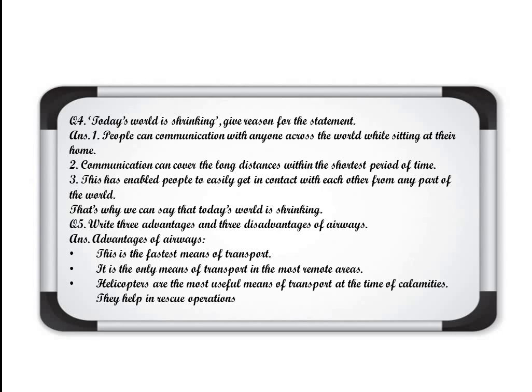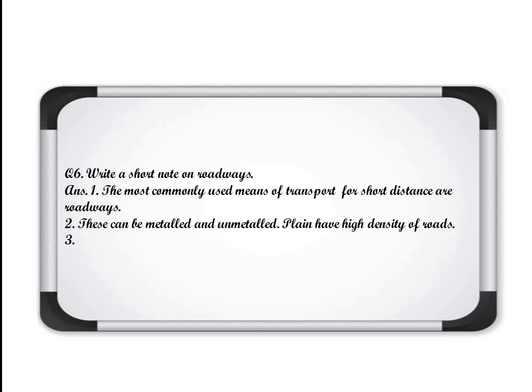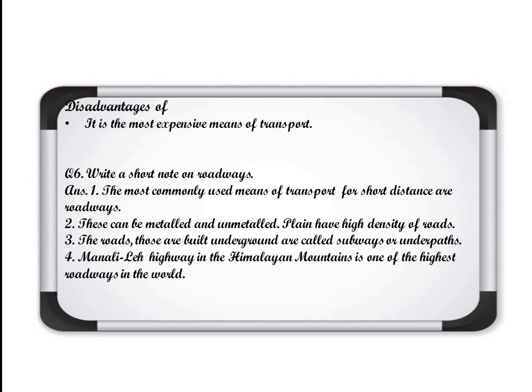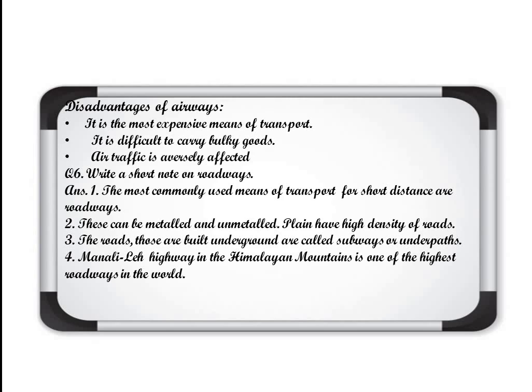They help in rescue operations, to rescue the people. And disadvantages: it is the most expensive means of transport. It is difficult to carry bulky goods. Air traffic is adversely affected by bad weather such as fog and storm.